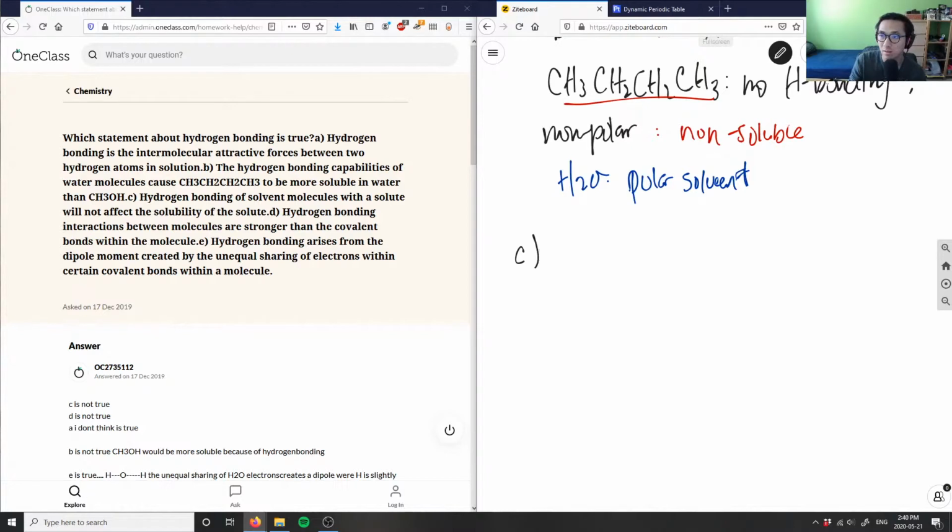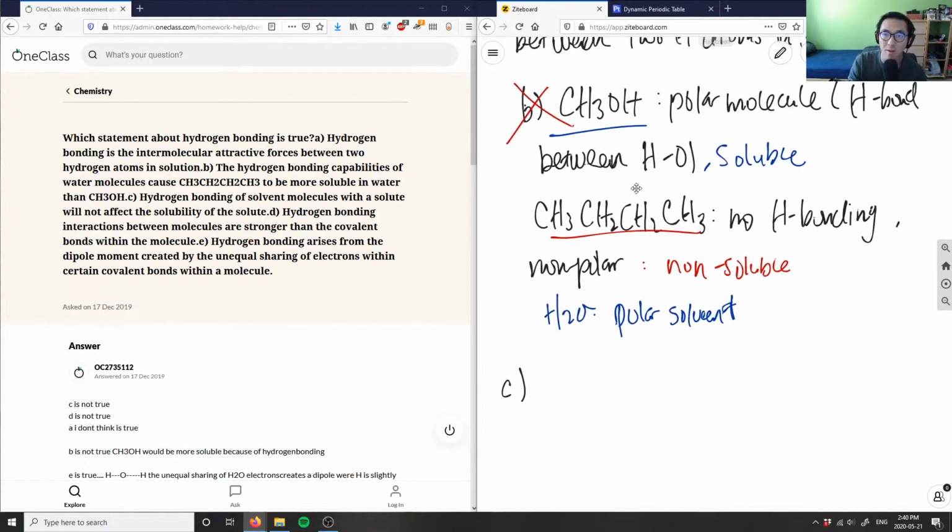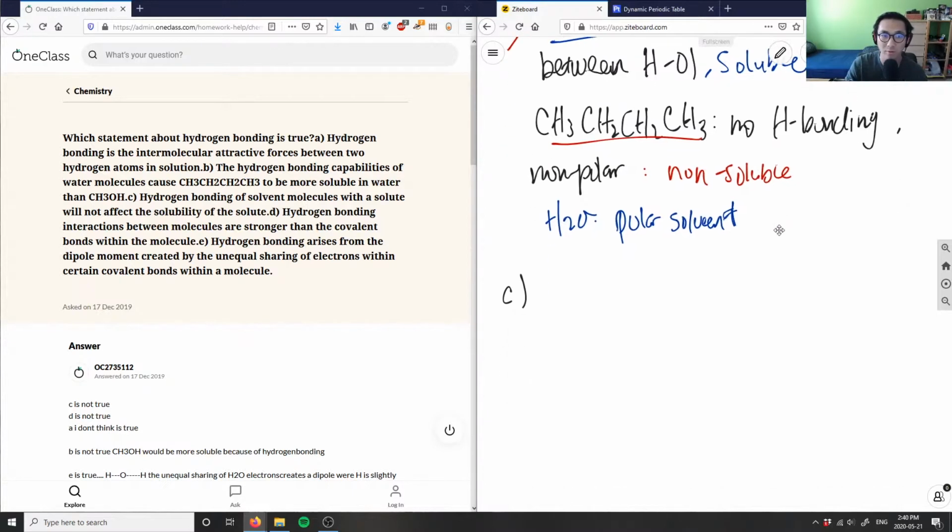Like in this previous question, methanol is the solute and the solvent is water. The hydrogens on water can also hydrogen bond with the methanol here. So it does affect the solubility of the solute because this makes it a soluble molecule.